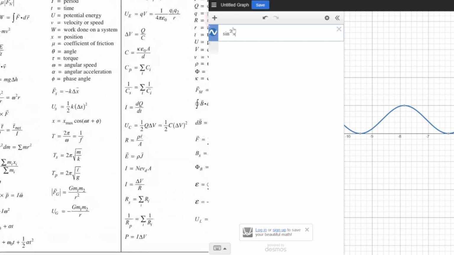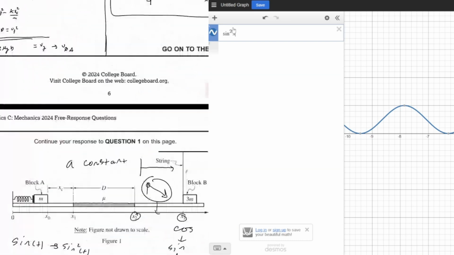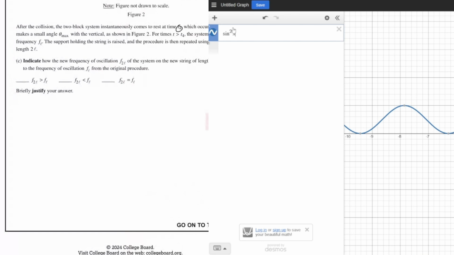The period is 2 pi square root L over g. I'll go down and write that as the start to my answer. Oops, I passed it. So I'm not going to answer it yet. I'm going to reason it out here first. So I'm going to say 2 pi square root L over g.